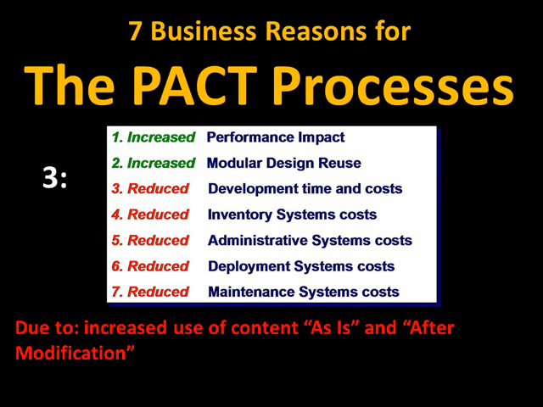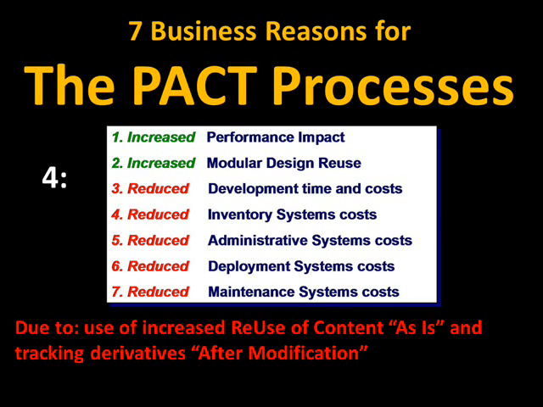The third reason is to reduce the development time and costs. This is due to the increased use of content as is and after modification. You're not always starting at ground zero with a blank sheet of paper or a blank computer screen. The fourth reason is to reduce the inventory system costs. Because you're increasing the reuse of content as is and tracking derivatives after modification, you can decrease your inventory system costs.